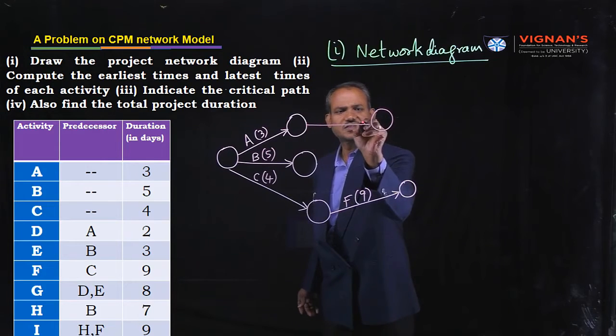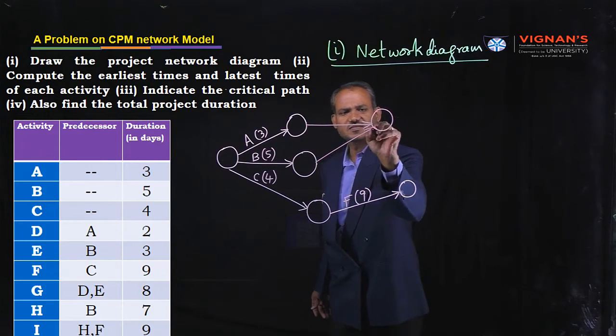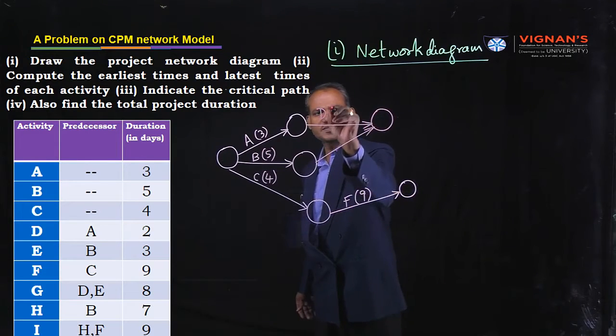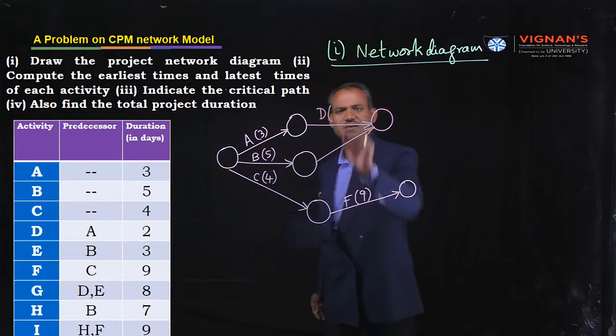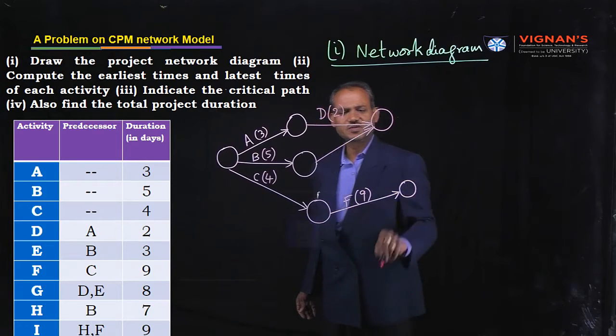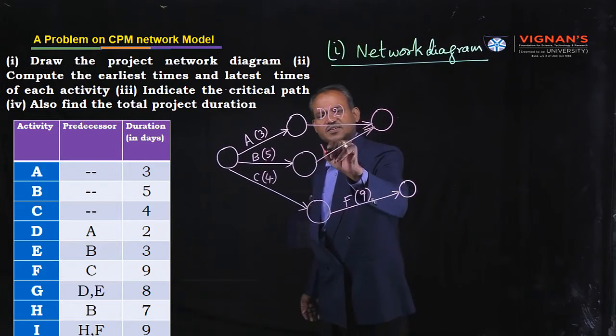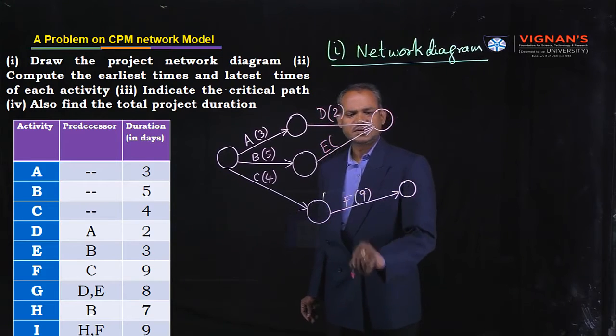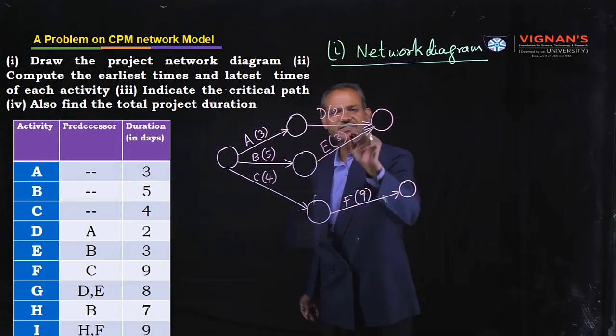Similarly, join this. Join this. This is known as D. It's 2 days. It's E activity. Duration is 3 days.